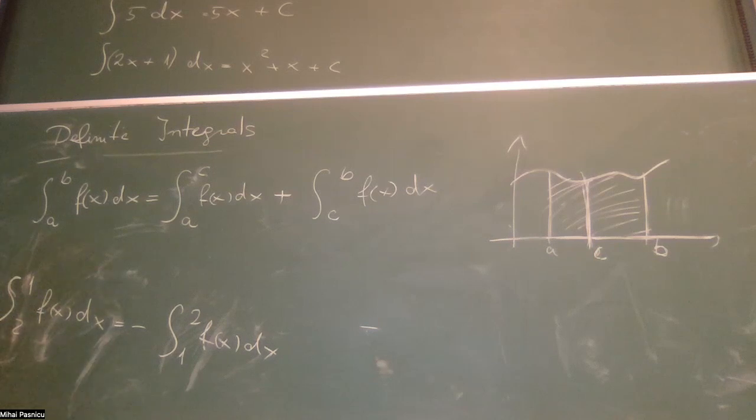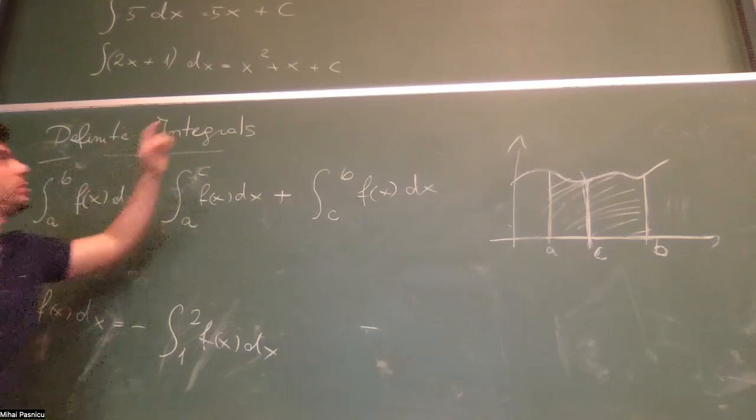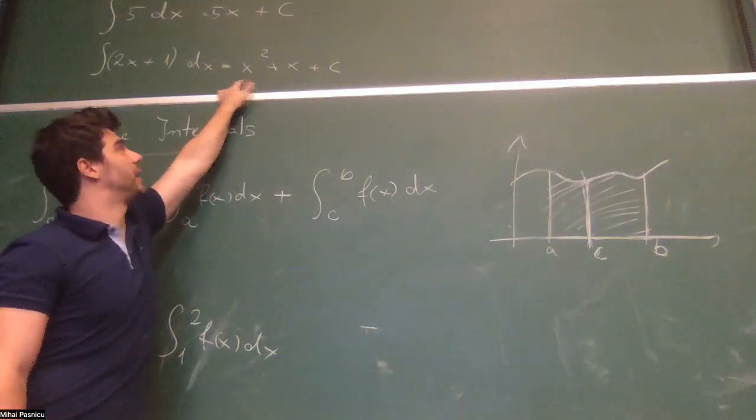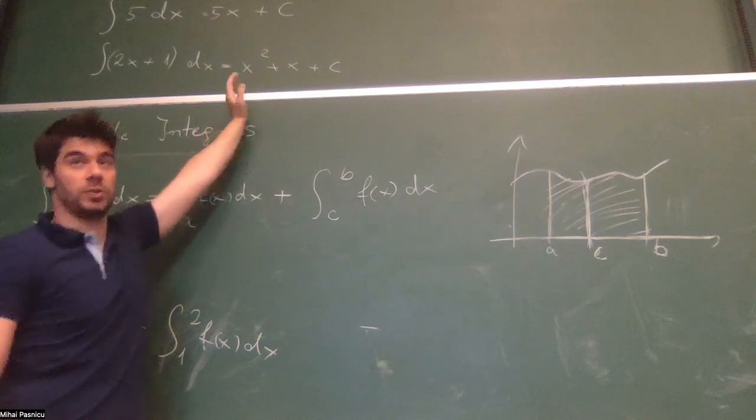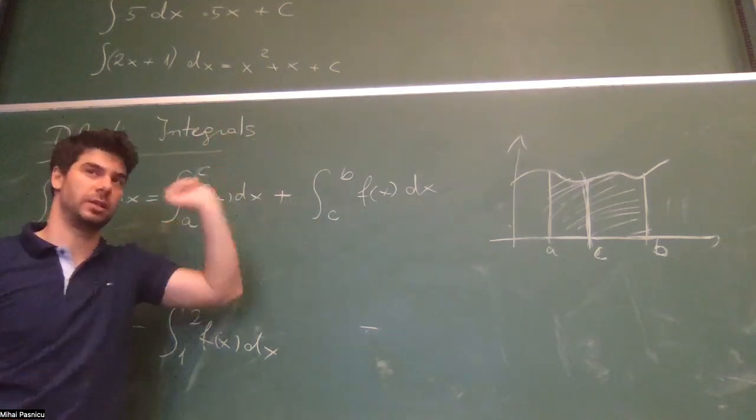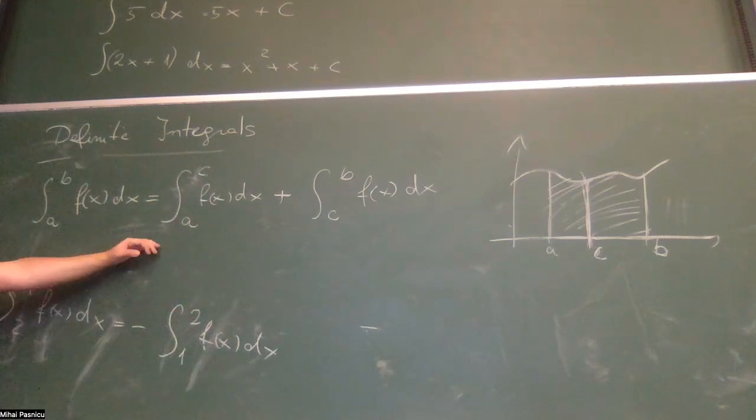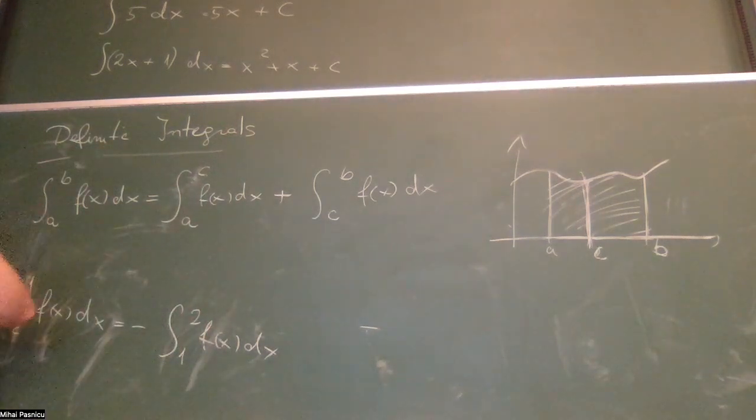That's the whole idea: the constant is only present in the indefinite integrals. In the indefinite integrals, you're going to get something like x squared plus x plus c, something in terms of the variable and a constant. In the definite integrals, you are always supposed to get a number if everything is known.